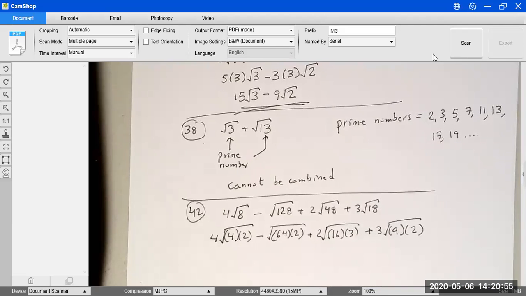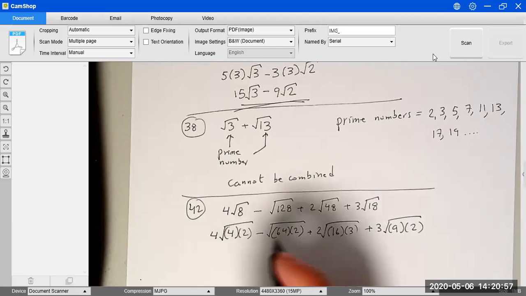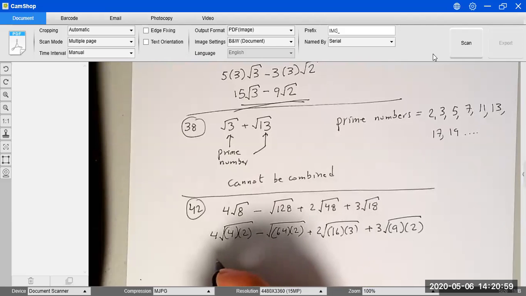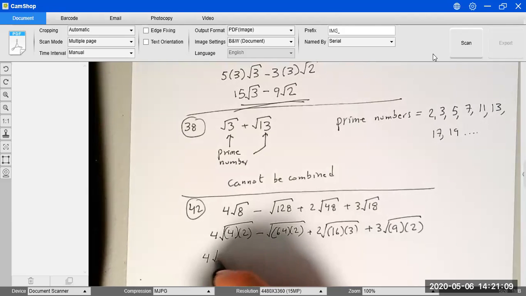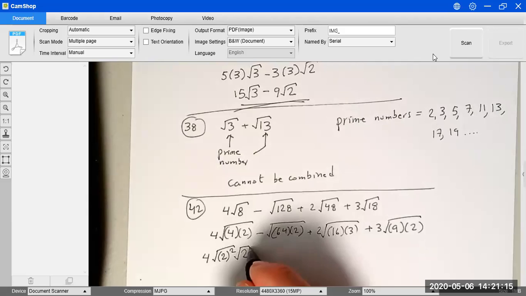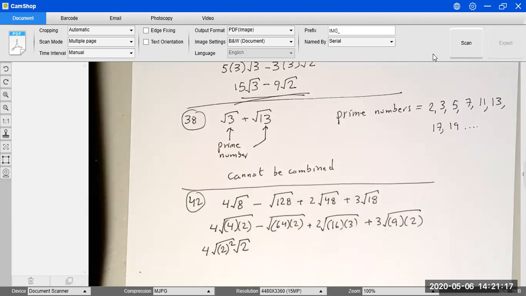So now let's write the perfect squares using exponential form, and also a single radical for every perfect square. So we have 4 times, and 4 is going to be 2 squared. Then another radical for the non-perfect square.